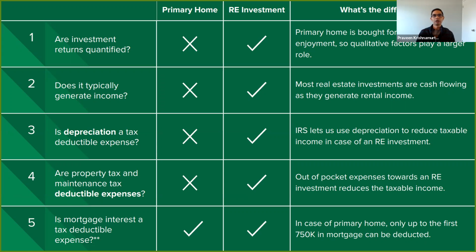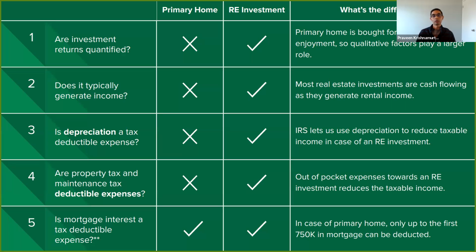The other big difference between primary homes and real estate investments is in the area of expenses. Let's say a faucet breaks down in your home, and you have to replace it. That is not a deductible expense. You will be paying out of pocket, and that's the end of the story.